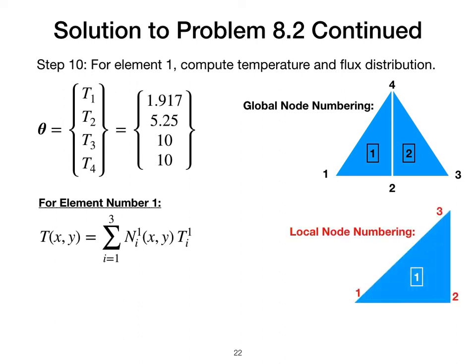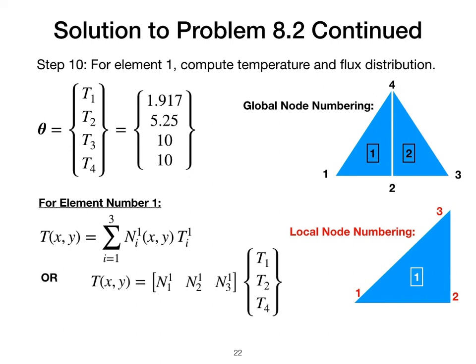As this expression uses the local node numbering, we need to find out the local temperature vector, that is T1, T2 and T4.